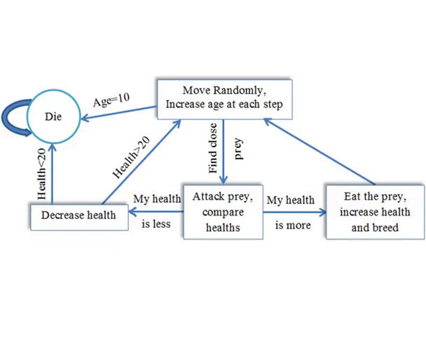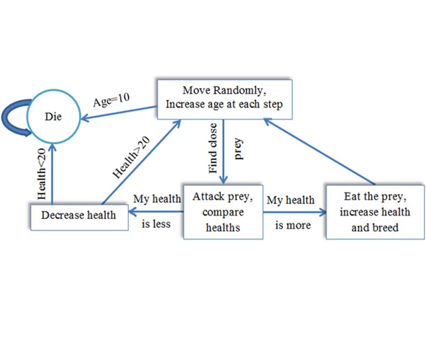Here we can see the naive actions of a predator or a lion. Move randomly and increase your age at each step. If your age is 10 iterations, you die. If you find any close prey, attack it. So compare your health with the health of the prey.